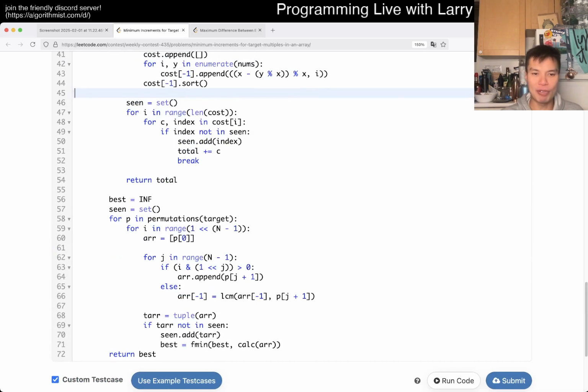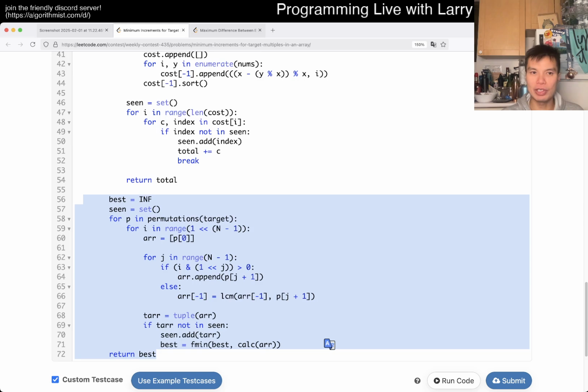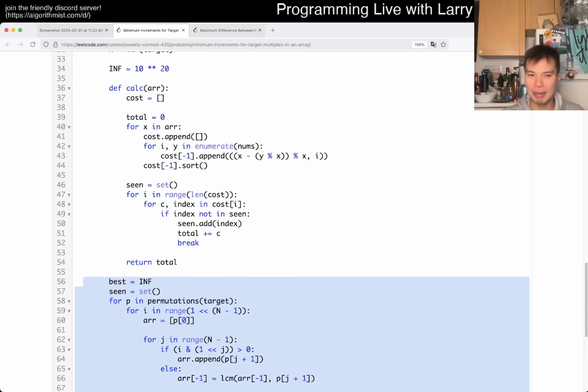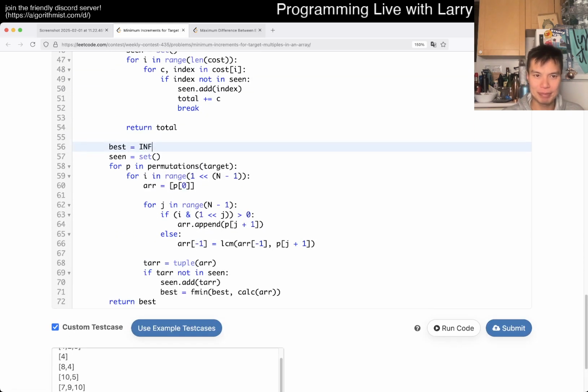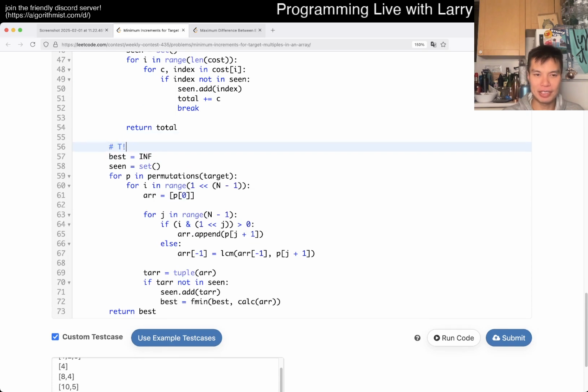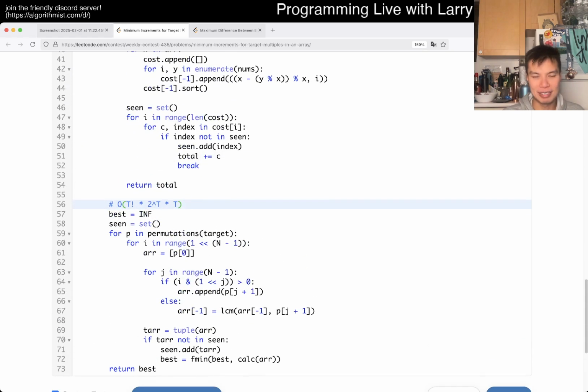So this is 4 factorial times 2 to the third, which is maybe t factorial times 2 to the t, right? So that's the old notation. That's just on this part, and then times t on the outside to do a loop. That gets dominated by this anyway, so we can just do the calculation.